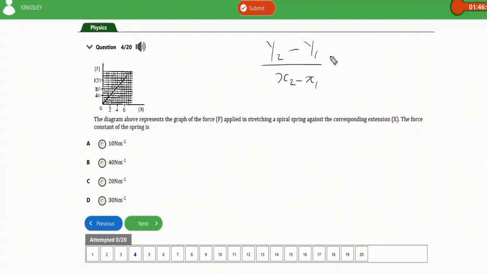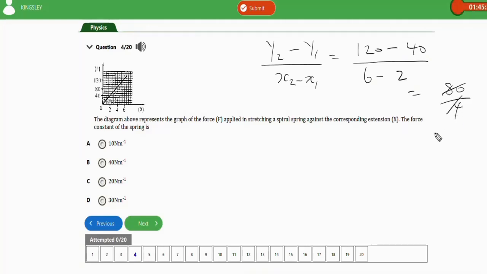Let's call our y2 the highest value of the force, which is 120, minus the least value, that's 40, over the x2, the highest value of the extension, which is 6, minus the least value, which is 2. So 120 minus 40, we have 80 over 4.